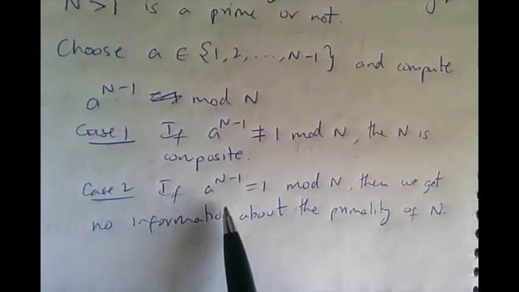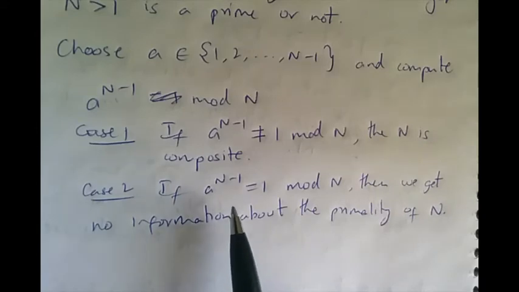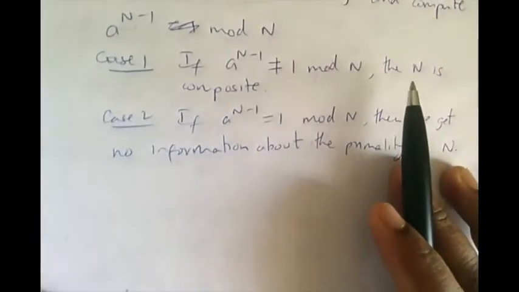So in the previous lecture, we looked at two cases: if A belongs to Zn star or if A does not belong to Zn star. And the results were as follows.